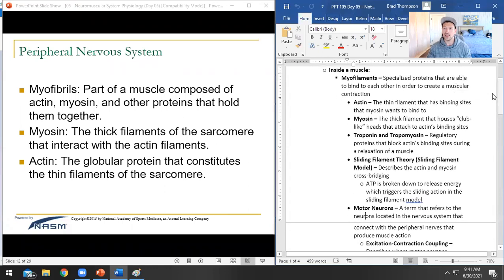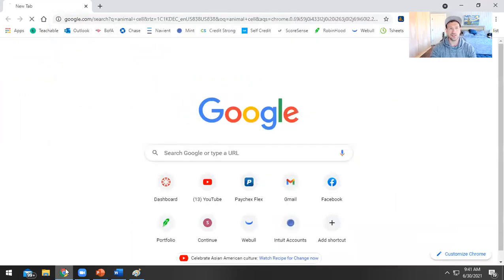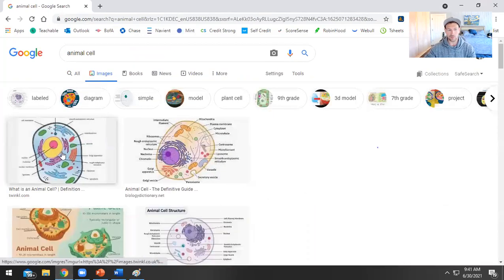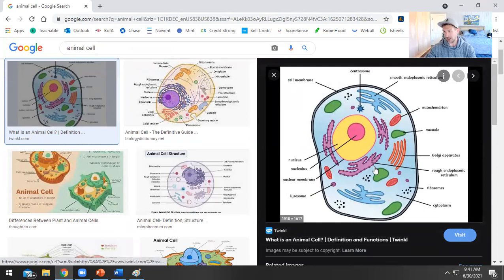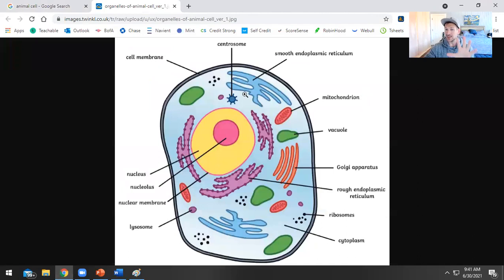Okay, so inside of a muscle, let's take a look at some muscle anatomy here. When we look at an animal cell, for the record, none of your cells actually look like this. I know I pull this picture up all the time, but this is just a textbook animal cell, because all of your cells have these pieces in them, but they very rarely look like this.